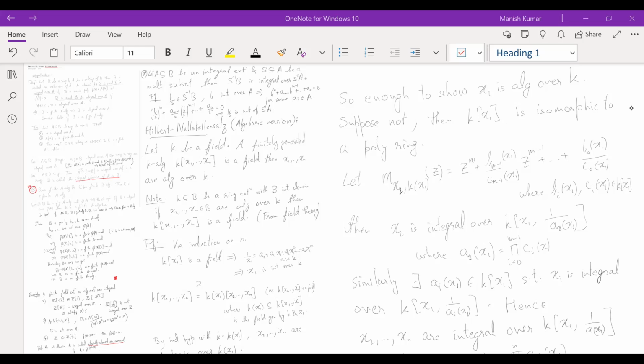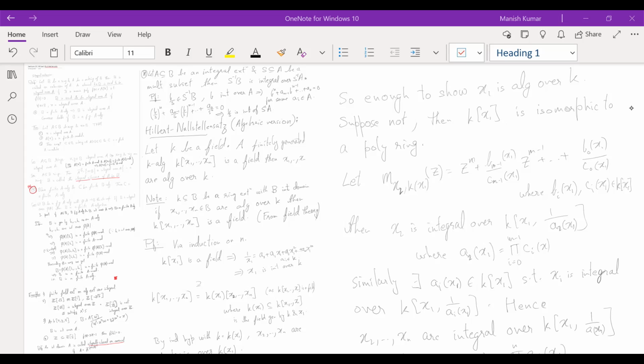If x1 is transcendental, then k(x1) is also a field, and it has transcendence degree 1. No, I don't mean transcendence degree, but in the geometric sense: it is a field, so it is zero dimensional. That's what I mean.